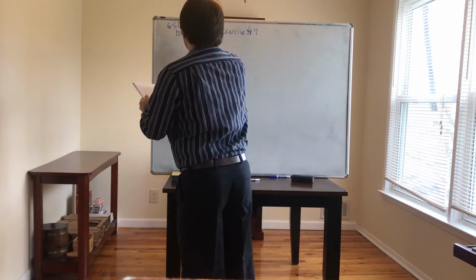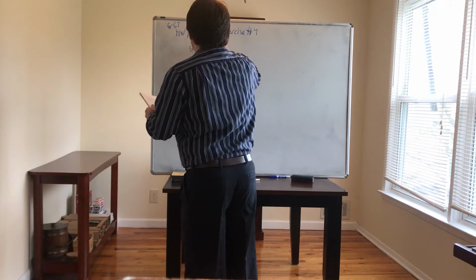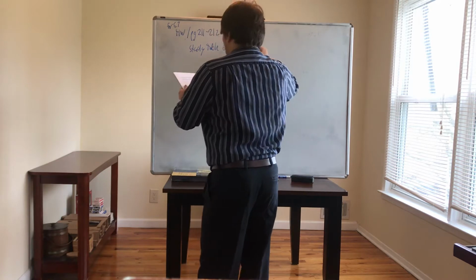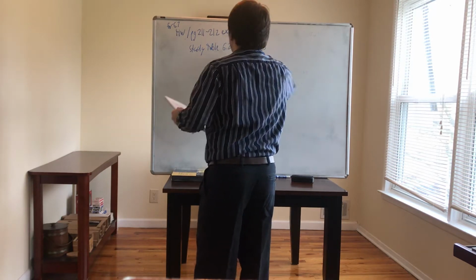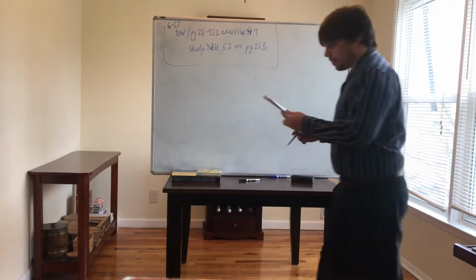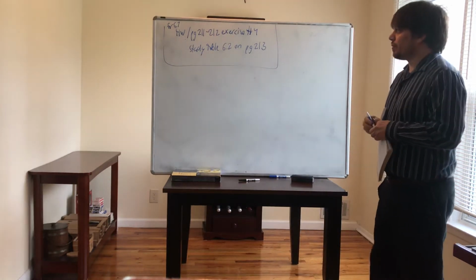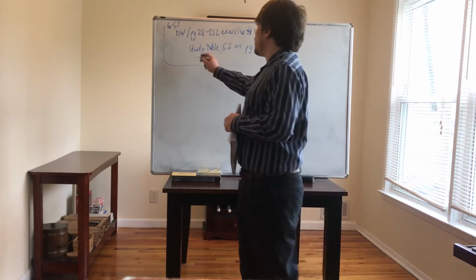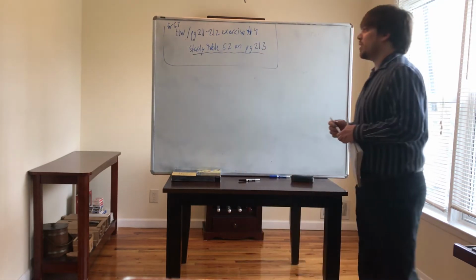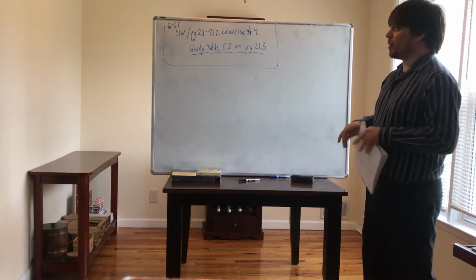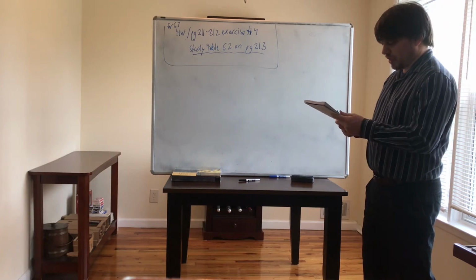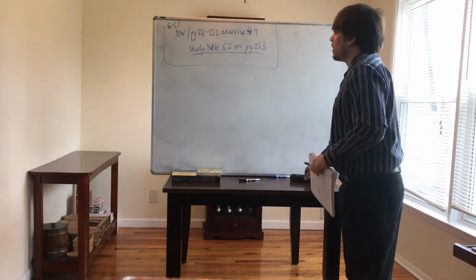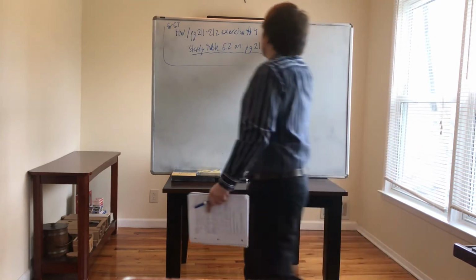Okay, and I want you to study table 6.2 on page 213. Okay, so this exercise number 4, page 211 to 212, and study the table 6.2 on page 213. That's the homework for 6.7.